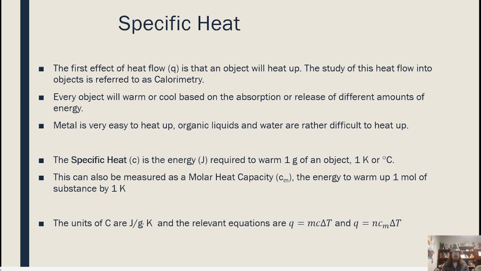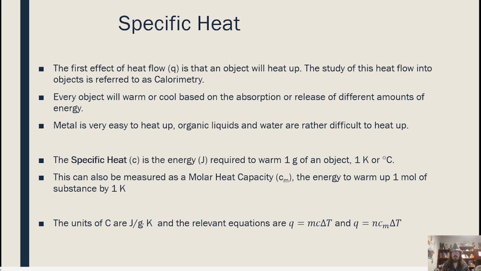Going from 273 Kelvin to 373 Kelvin, which is the same temperature range in Celsius, is still 100. So it doesn't matter whether you use Celsius or Kelvin, the answer is still the same. It's the joules required to heat up 1 gram of object by 1 degree Celsius or Kelvin.